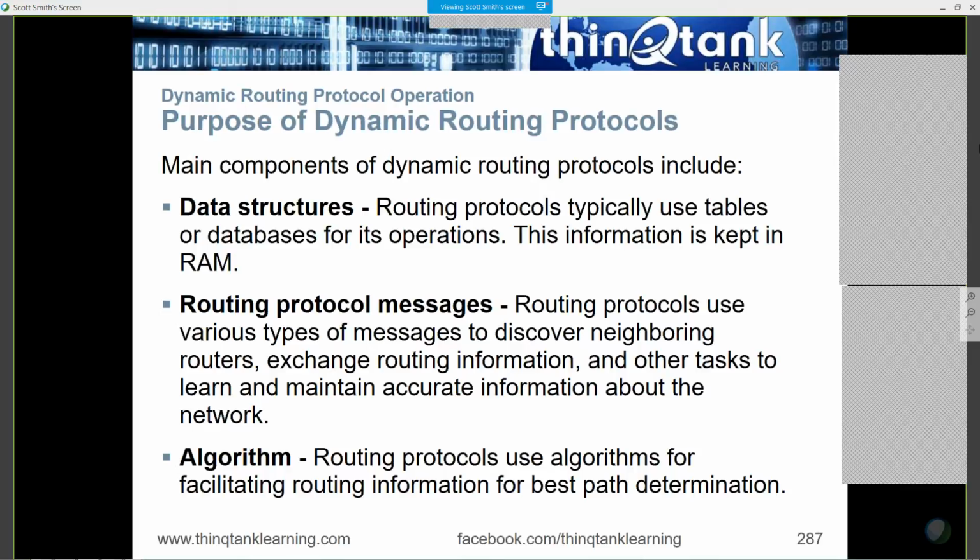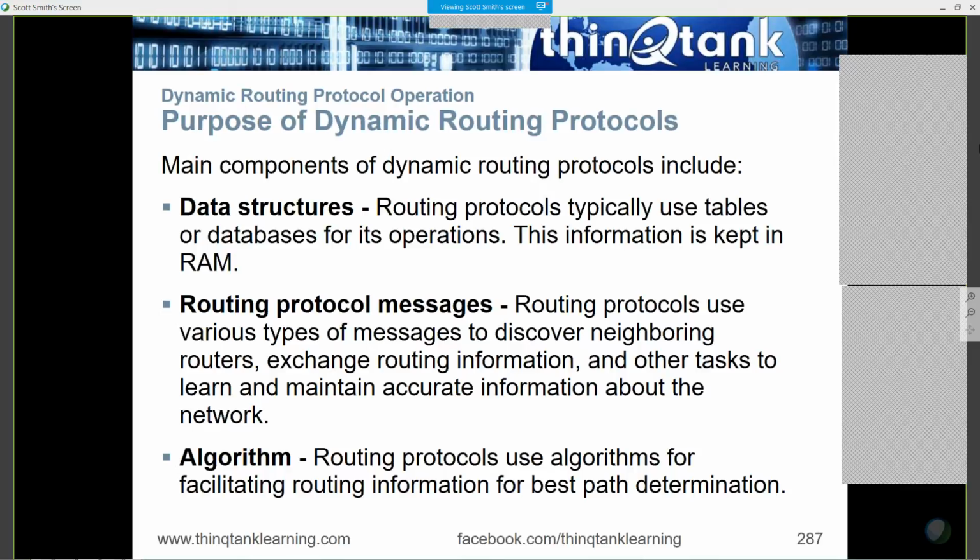And the third thing I do is I run my algorithm against that topology database to extract the best routes to my destinations. I mean, ultimately, that's the goal of routing, isn't it? Pick the best route to a network destination.